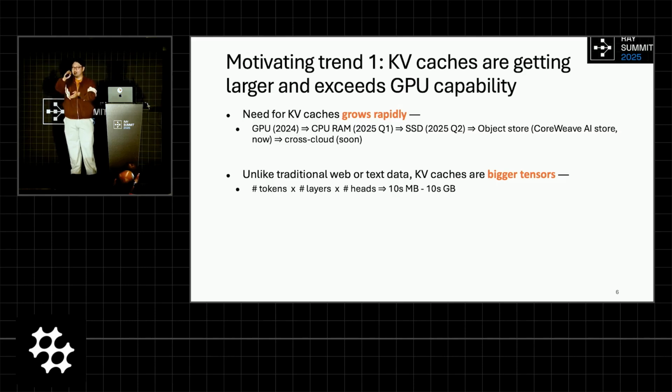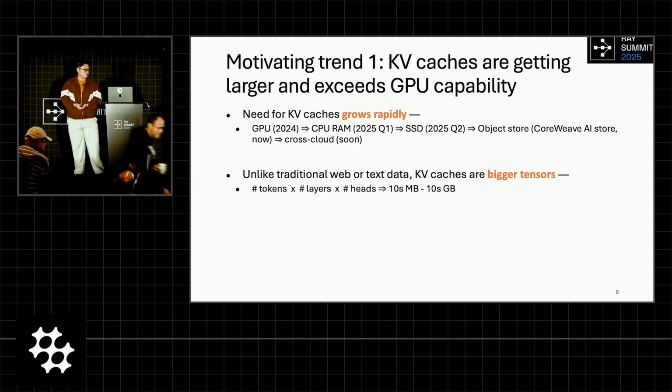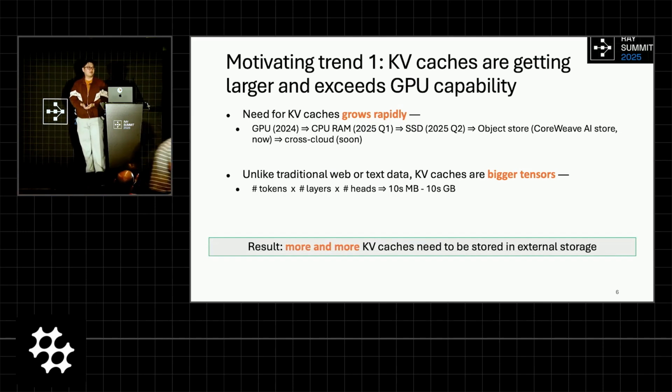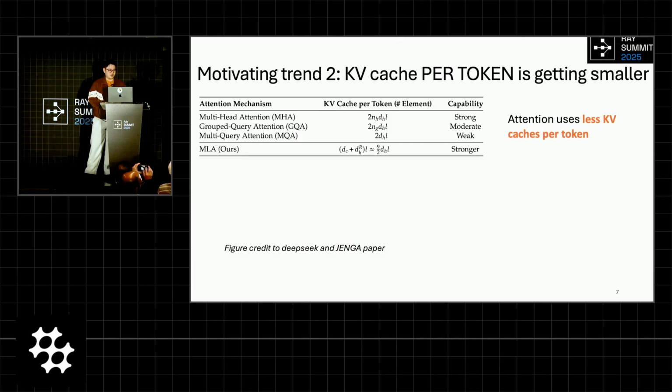Imagine how many requests are running in your system; the real-time generated KV caches can be really large. It's a huge tensor flowing in your system, and that is not a use case that traditional storage was designed for. So we need the infrastructure. As a result, more and more KV caches need to be stored in external storage, not in GPU, not in CPU, not even in local disk, but in remote storage. So that's the first trend we are finding.